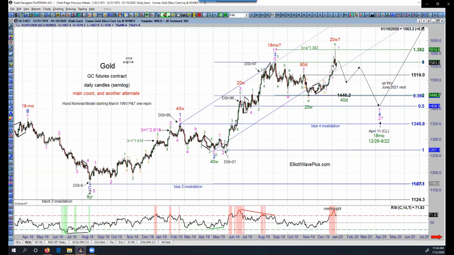The reason I've been refusing to expect it to break out higher is the position of a 20-week cycle peak due in early January. And that is Hurst cycle analysis. And so now I'm looking for this move down into March, maybe even April in gold.